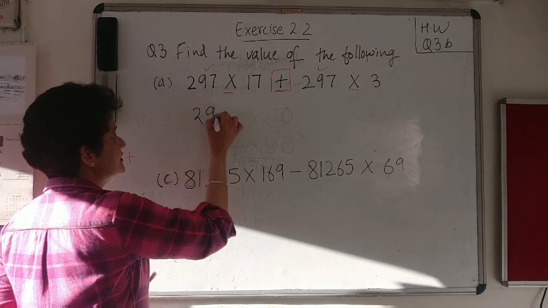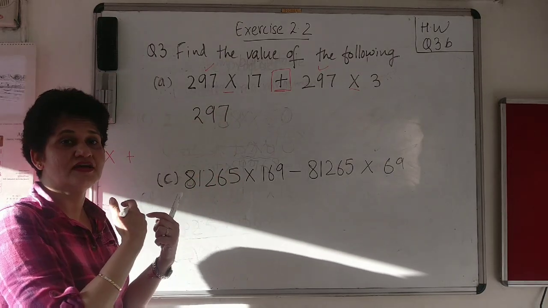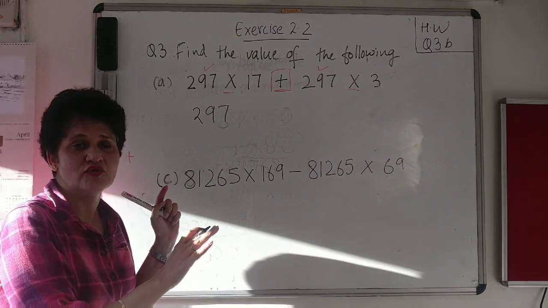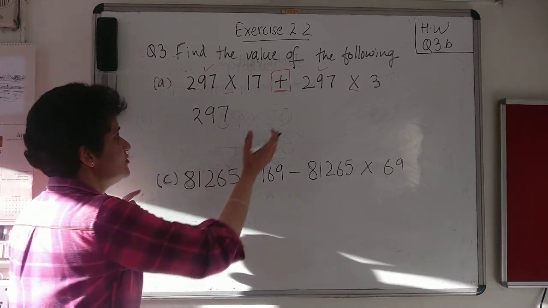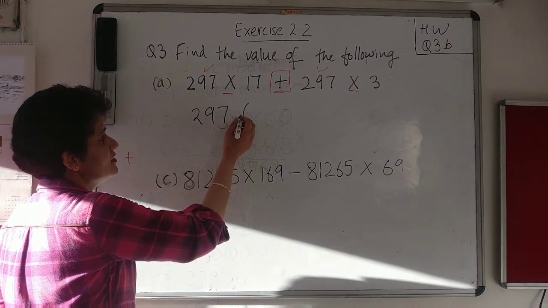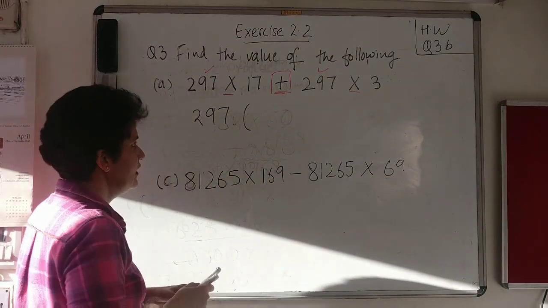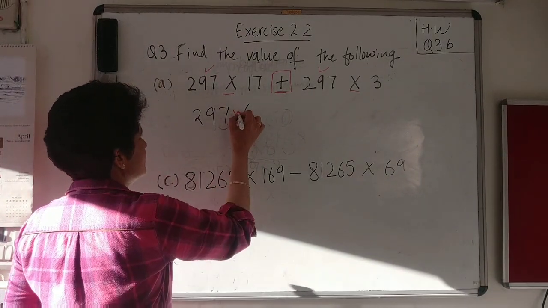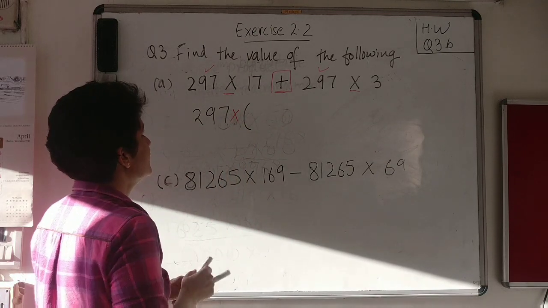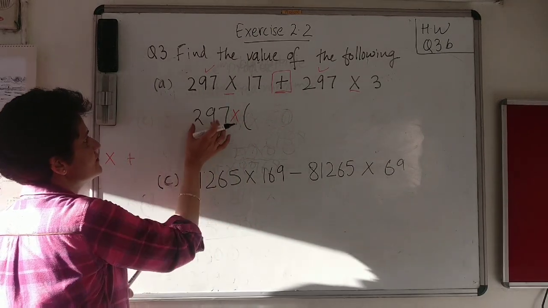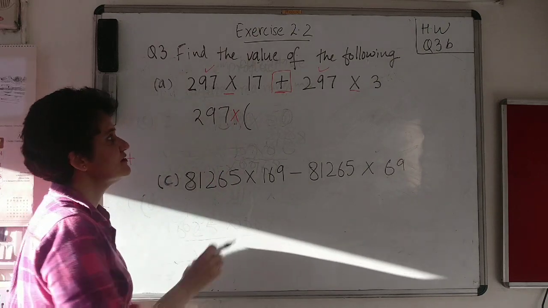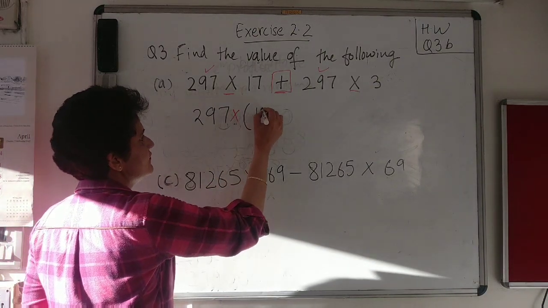So I will write 297, and the other numbers I'm going to put into the brackets. This bracket means multiply. Maybe for this video, let me write a multiplication sign here so that you understand. So 297 is here, multiply is already here. What is left? 17. I'll write 17 here.